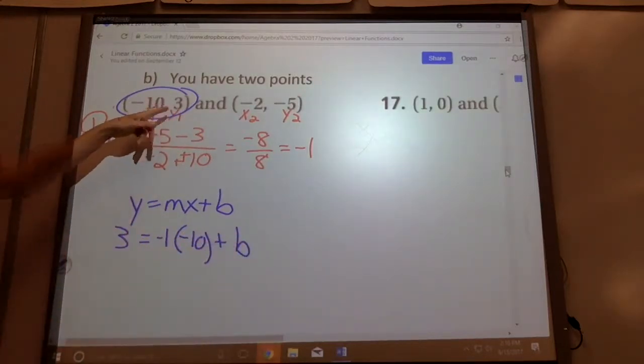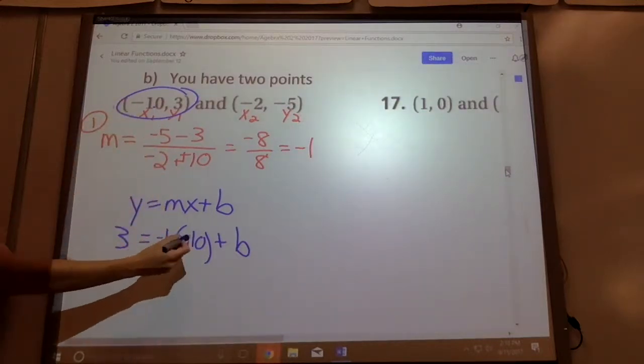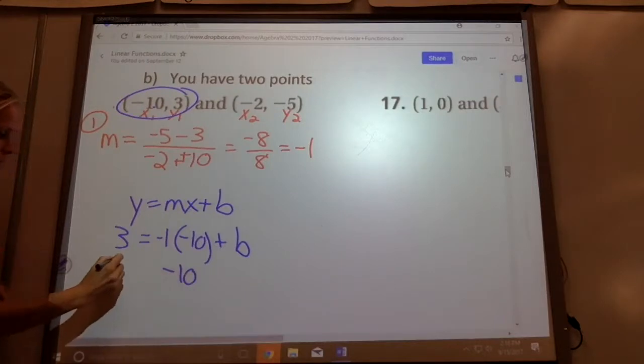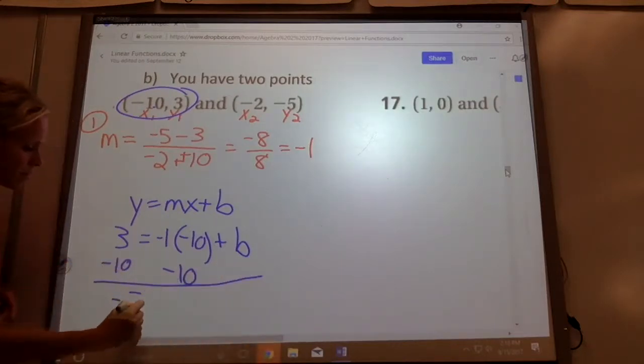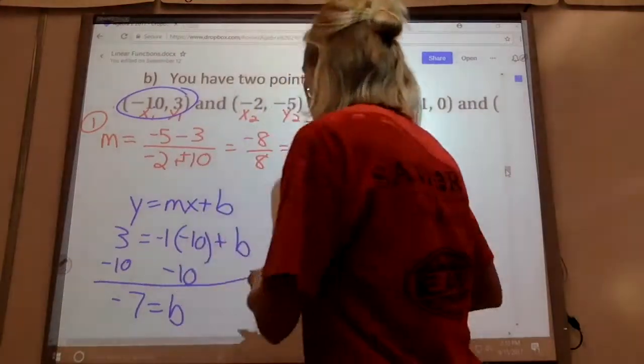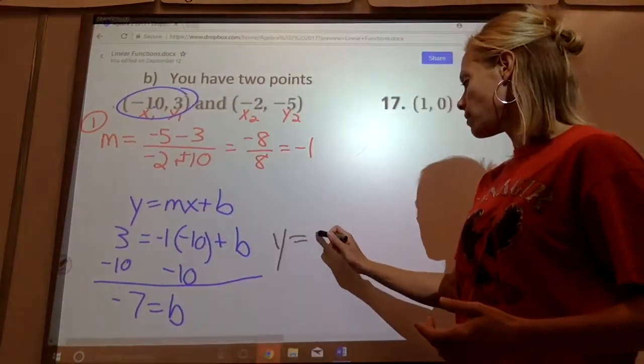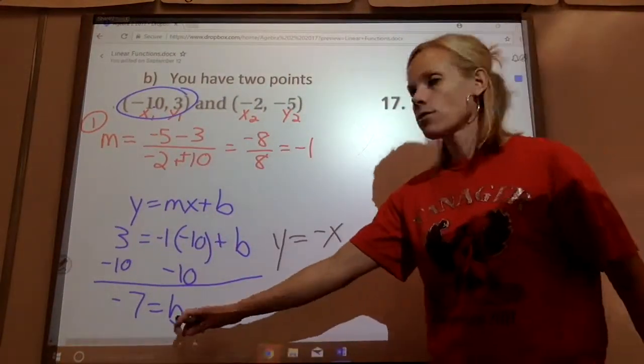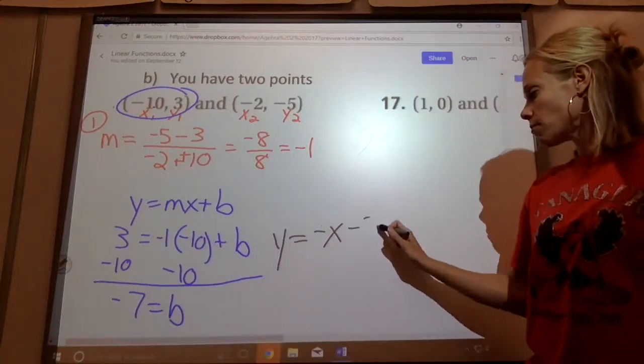Okay, so 3 for the y, x for the x, m for the m. This is going to be a +10, so I'd subtract 10. So -7 is my b. So then I have an answer. I calculated the slope, so I have that, -x, and I also have a y-intercept, -7.